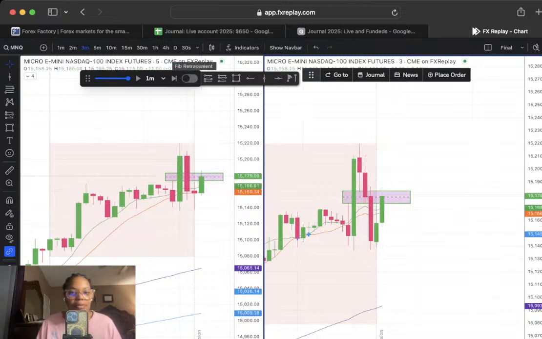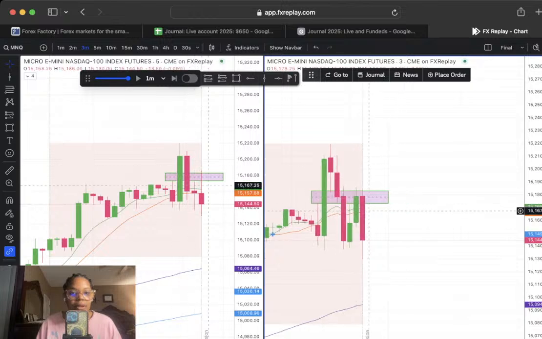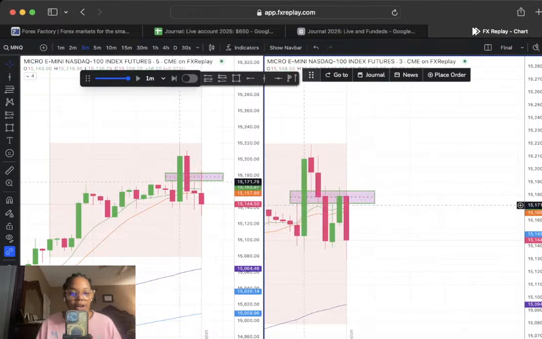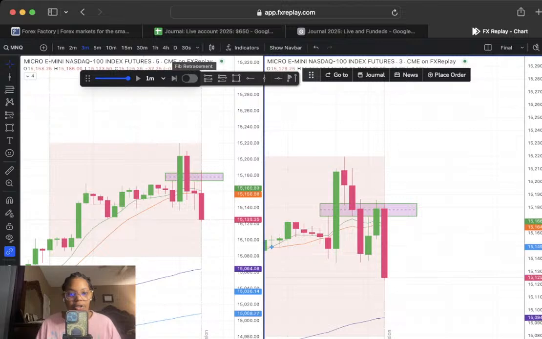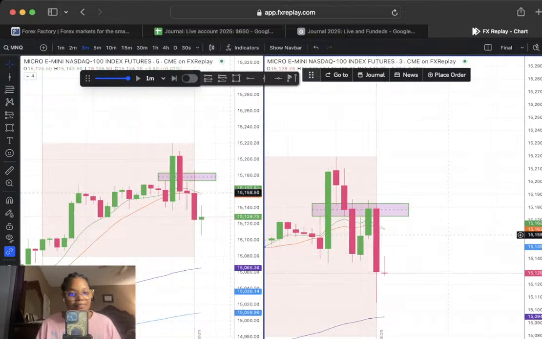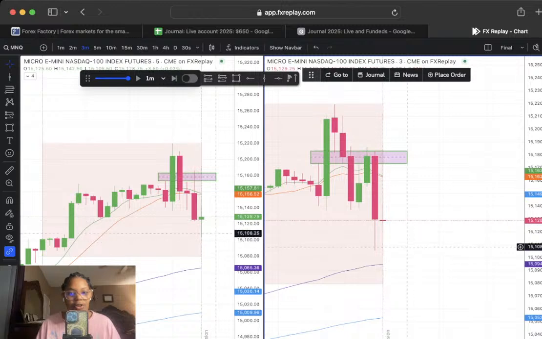Okay. So we got a fair value gap, inverse, retested, push below, and we're about to have space from the EMA to get in, I think, on this one. Oh, we're so close to this that I don't know if I'd enter off this either.